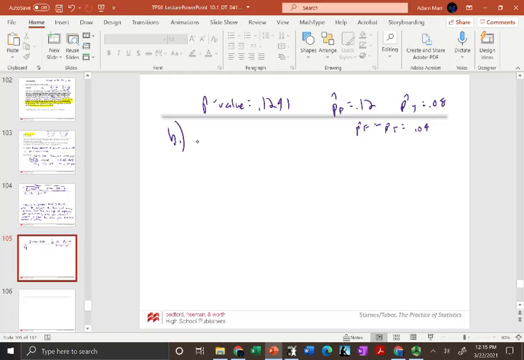Okay, so we're going to say right here, remember, p-value, given that the null is true.